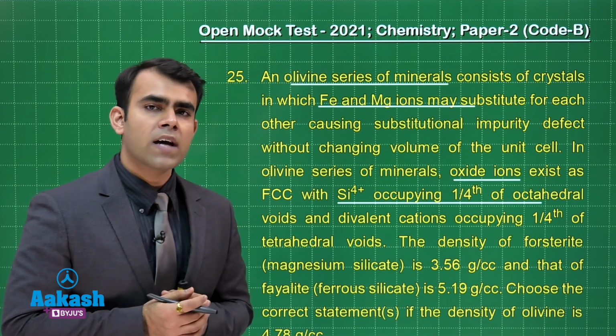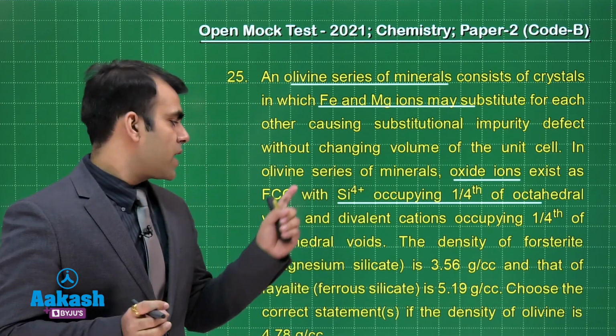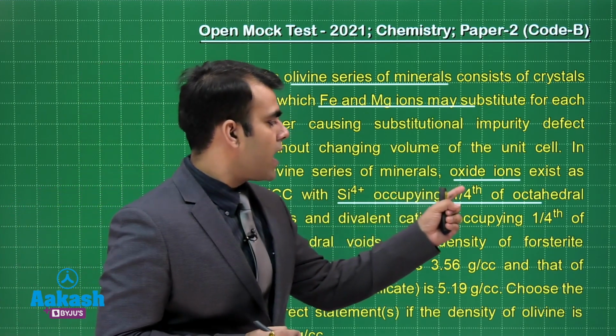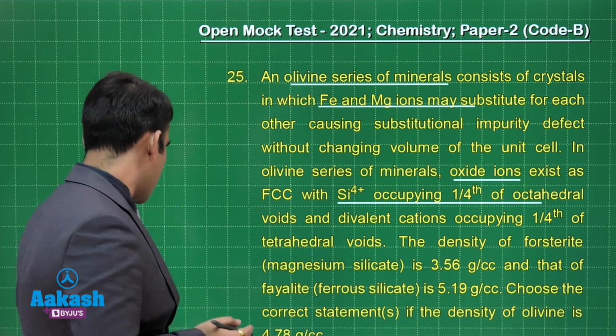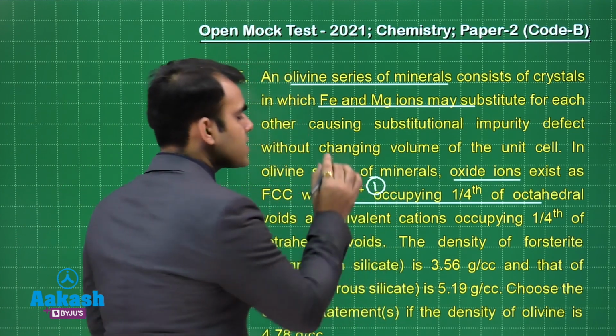Now the total octahedral voids present in a unit cell in an FCC lattice is 4. And if I have 1/4 of 4, it means I have effectively 1 ion of Si4+.